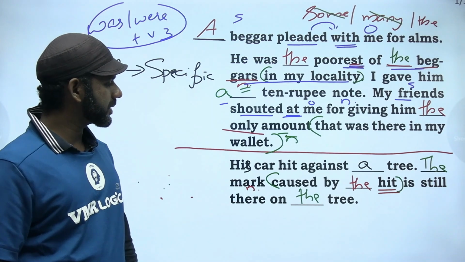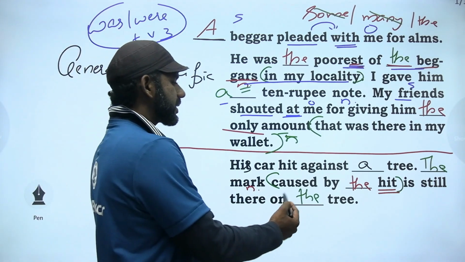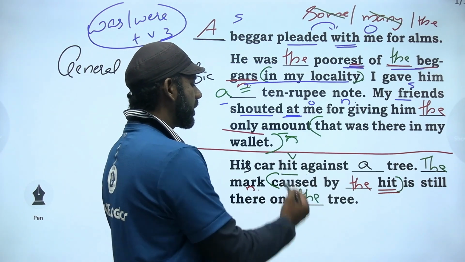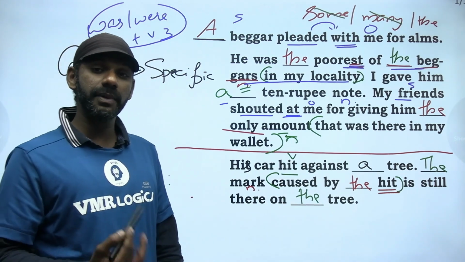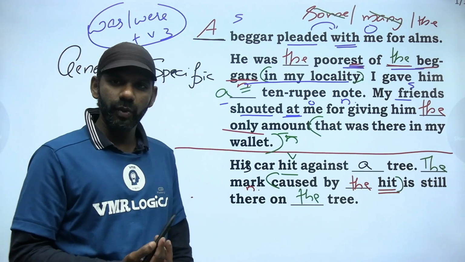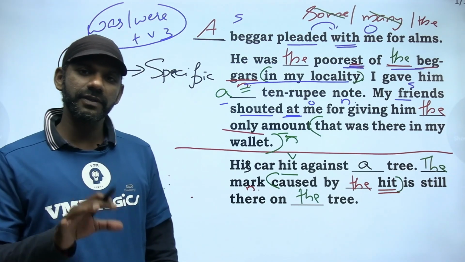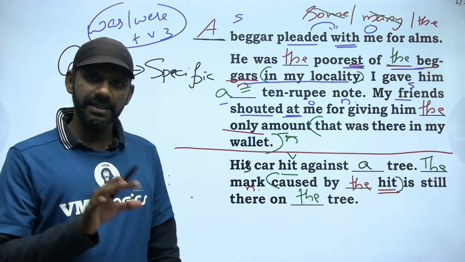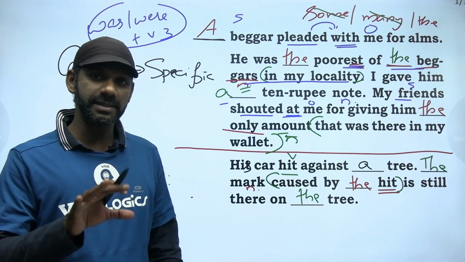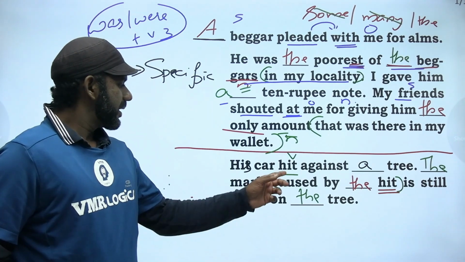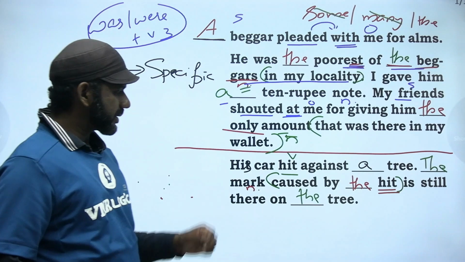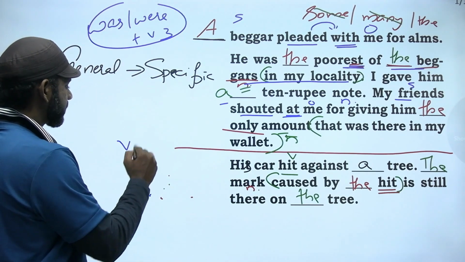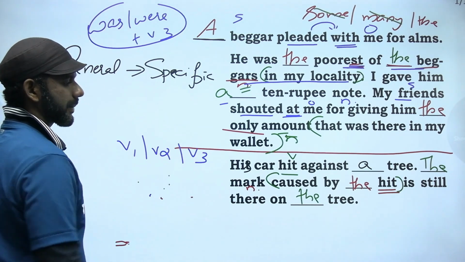Come to the first statement. His car hit against a tree. I say hit is a verb here, the action done by his car. Hit is V1, V2 and V3. It's hit, hit, hit. Nothing like hitted actually. Now my question is, in the first sentence, his car hit against a tree, is hit V1, V2 or V3?